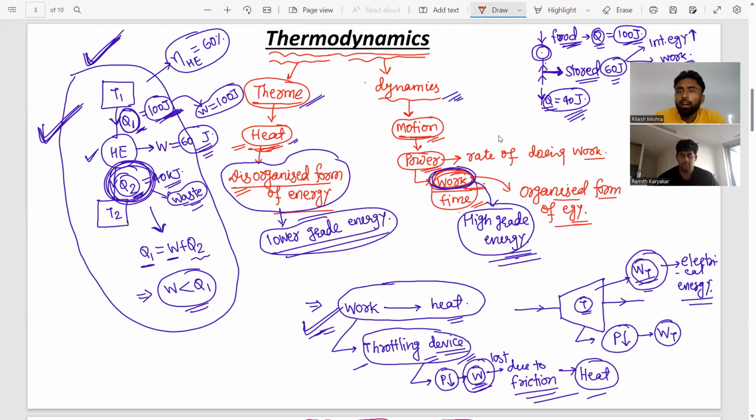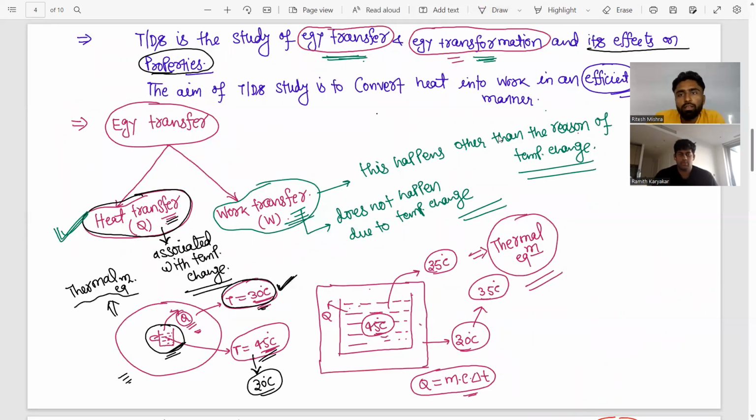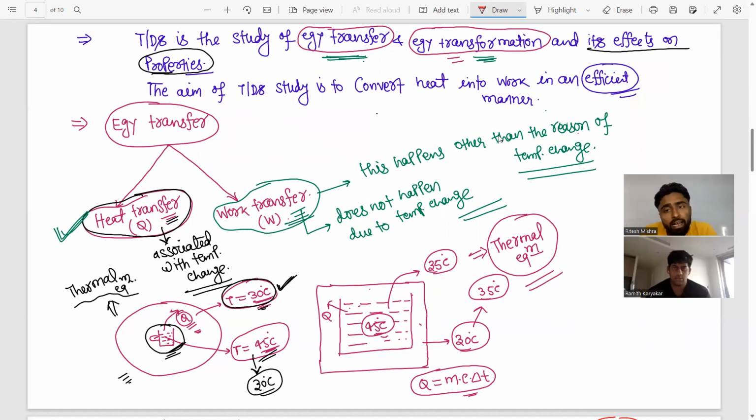Now after that, I have told you thermodynamics is basically the study of energy transfer and energy transformation and its effect on properties. When there is energy transfer and energy transformation, there will obviously be changes in properties. And why do we study thermodynamics? Because our main aim is to convert heat into work in an efficient manner.